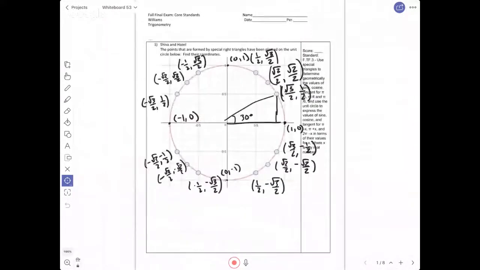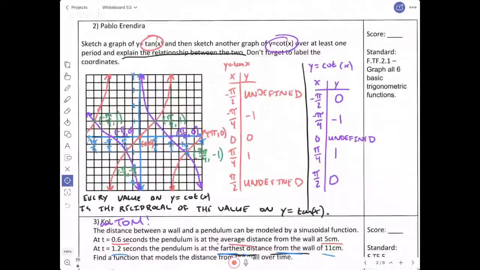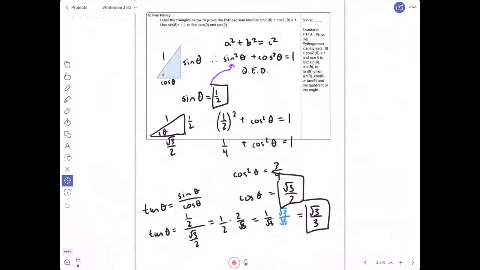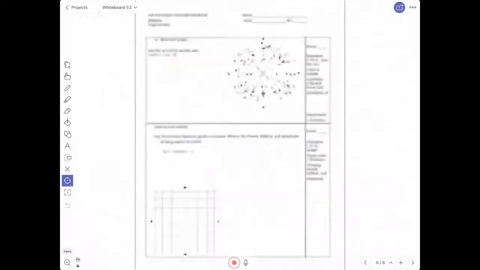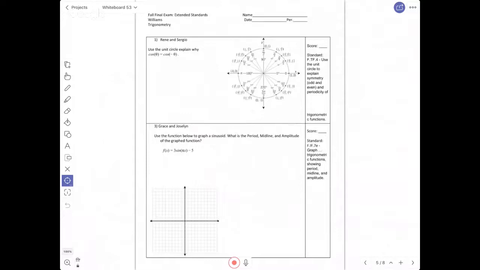There's not a lot of variety here, Lorenzo. They're going to be similar to these. Maybe not exactly those problems. The trig scenarios could be different, but the same types of problems. Anyway, I'm going to go on to the extended standards.